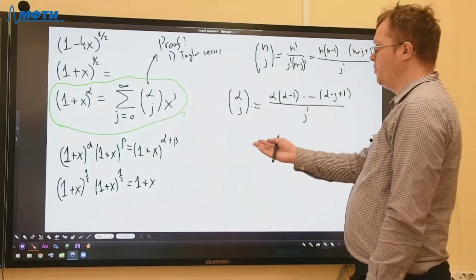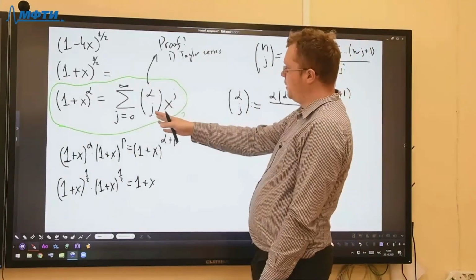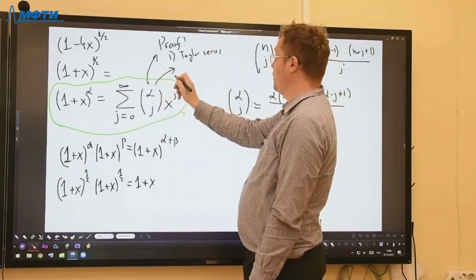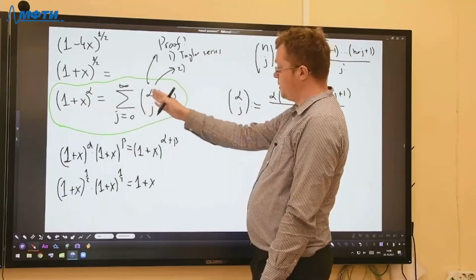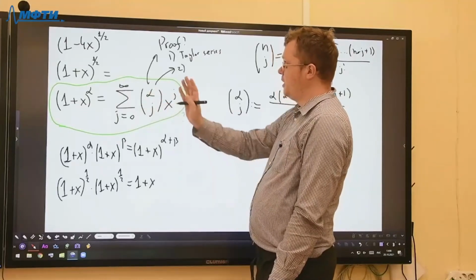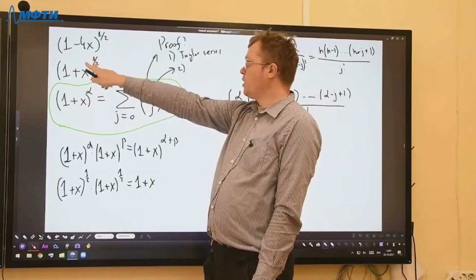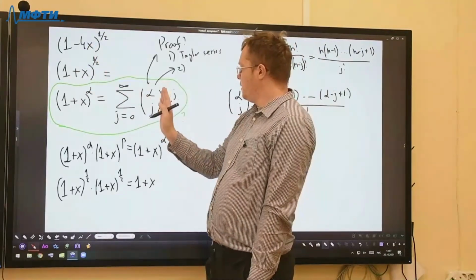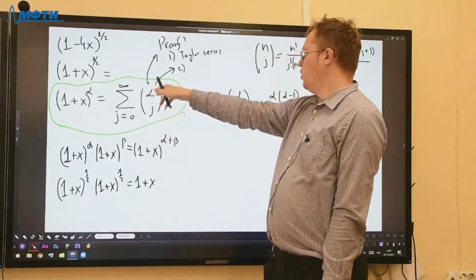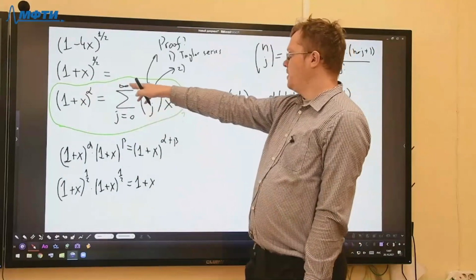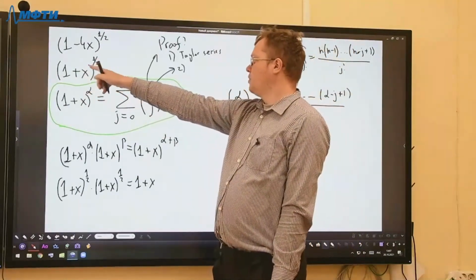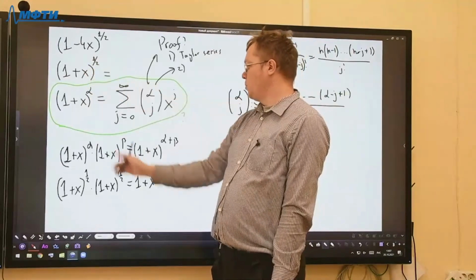Of course, if we already know this formula, the second idea is we can use this formula, find the coefficients, and we need only to calculate this. So we can just take all the binomial coefficients of 1 over 2 choose j, and then prove that this formal series squared will be 1 plus x.